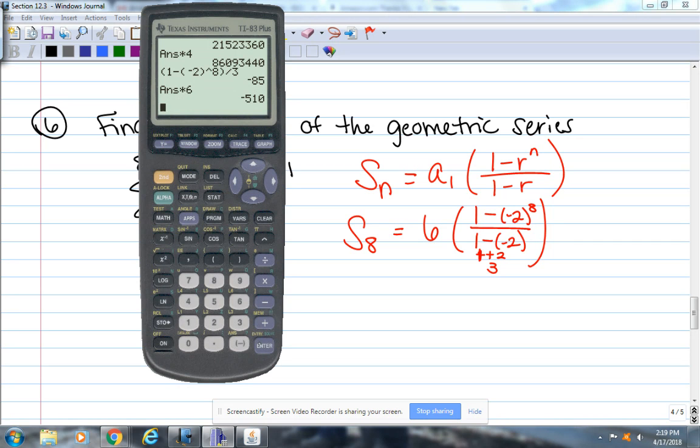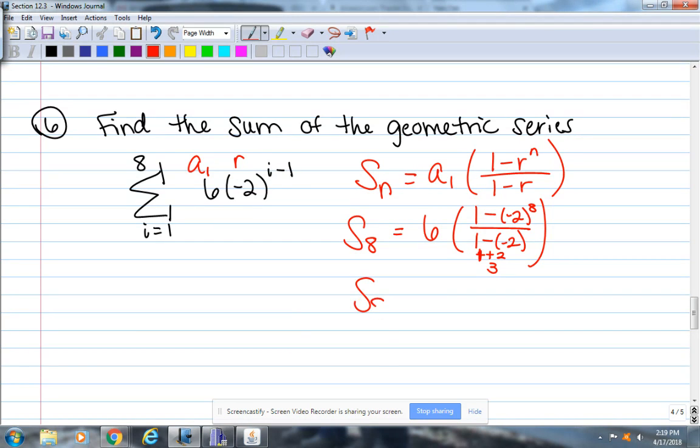That's correct. So the sum up to 8 is going to be negative 510.